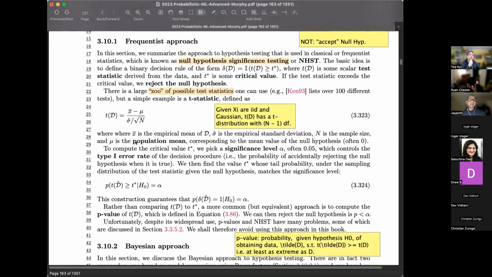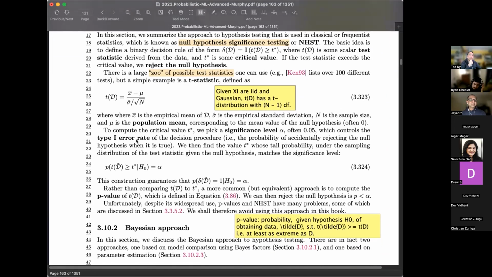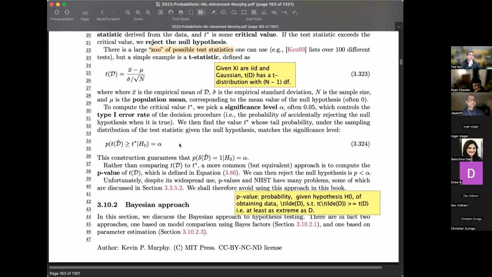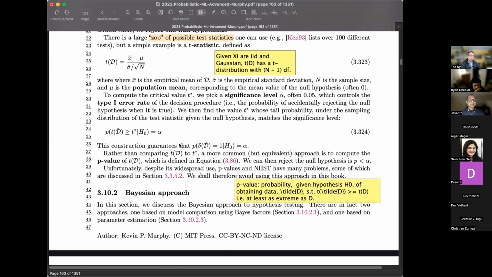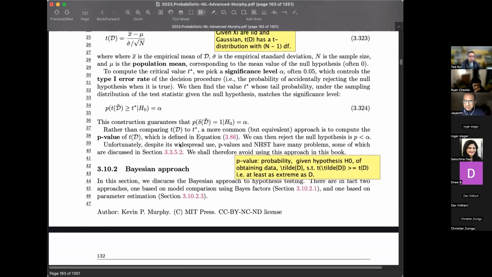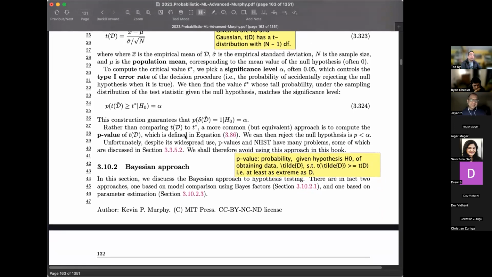Here's a commonly used one, where you assume a mean for the null hypothesis, usually 0. Then you compute your test statistic.